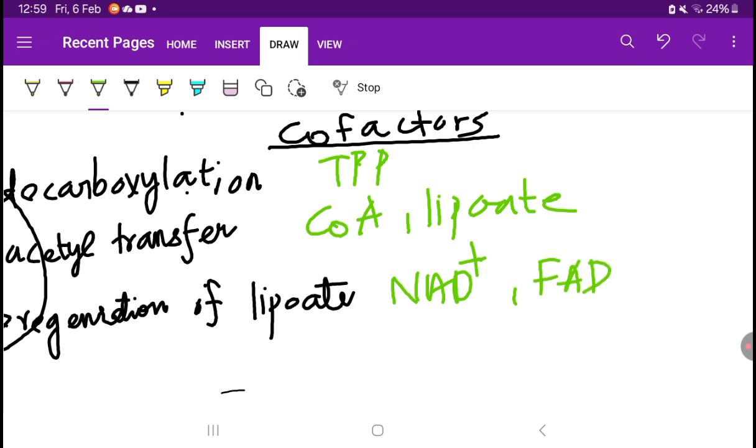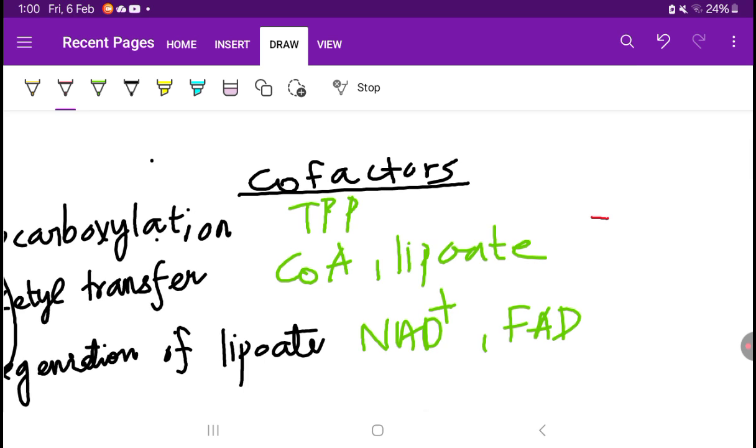So this is a complex which contains five cofactors and three enzymes.